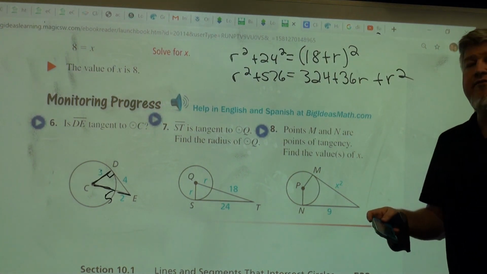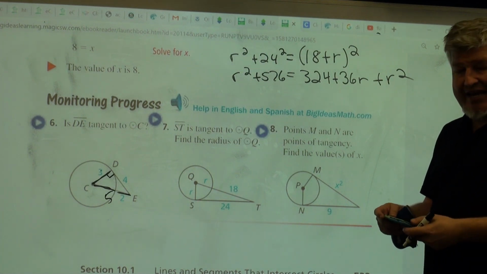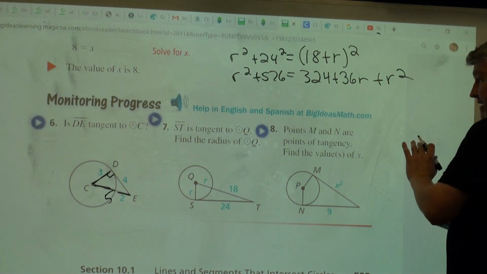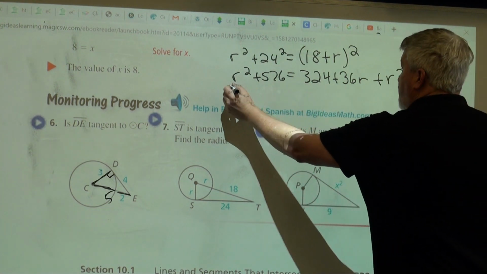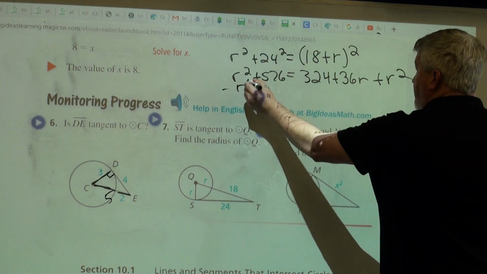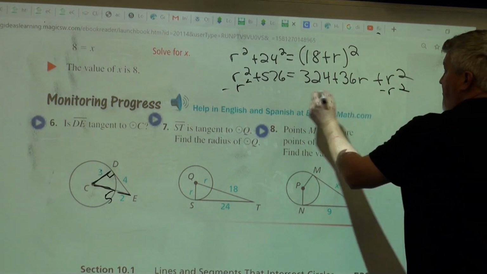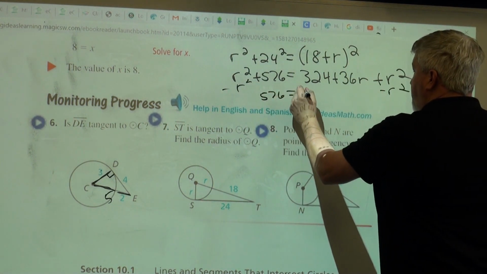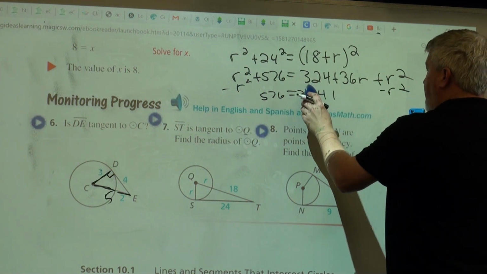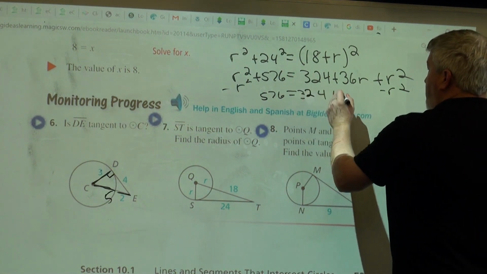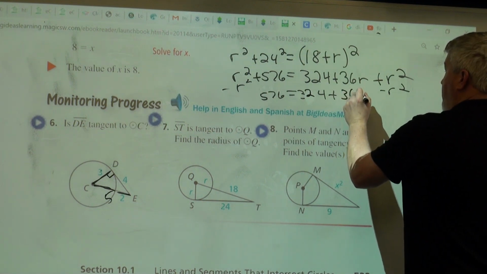I'll review FOIL with you for those of you that are forgetting that right now, but not today. When I get back, I'll review it. So I'm going to subtract r squared from both sides. That leaves me with 576 equals 324 plus 36r.